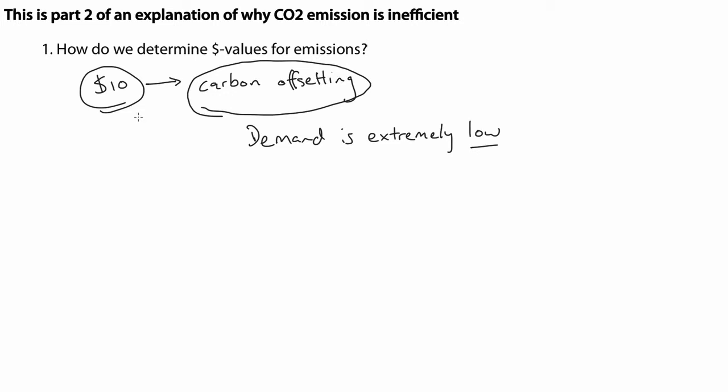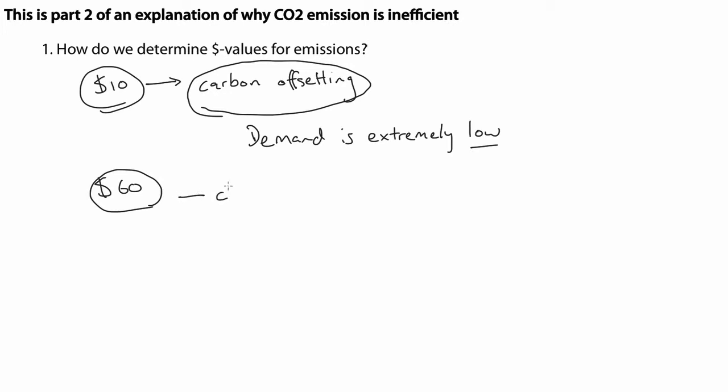Okay. What about the other dollar value, which was the $60 value I said future generations might ascribe to our not emitting that ton of carbon dioxide? Working this out is extremely complicated.